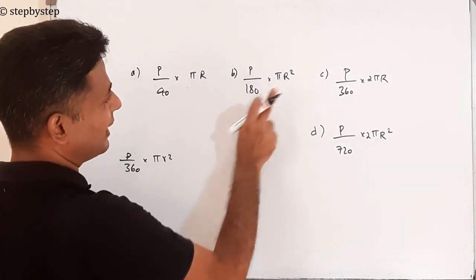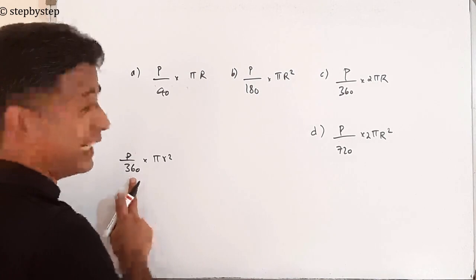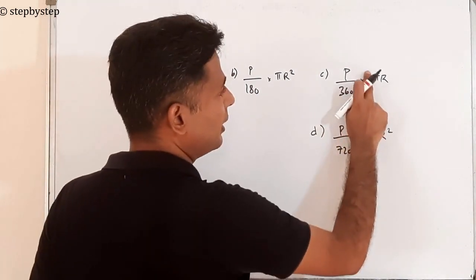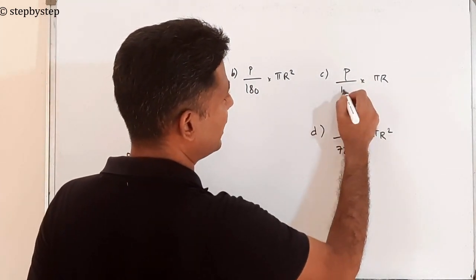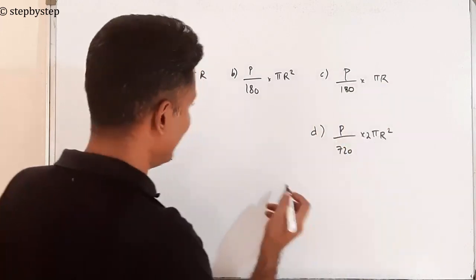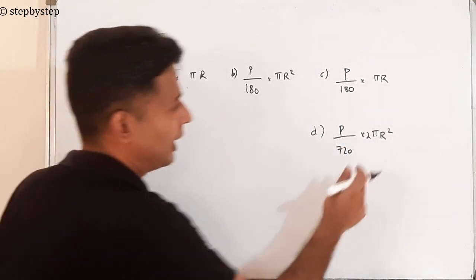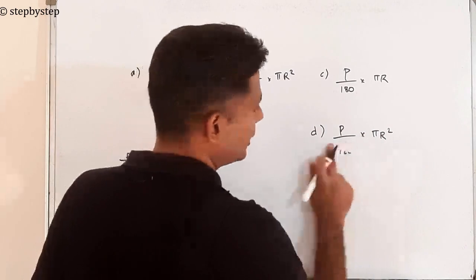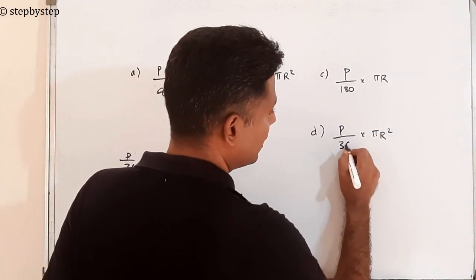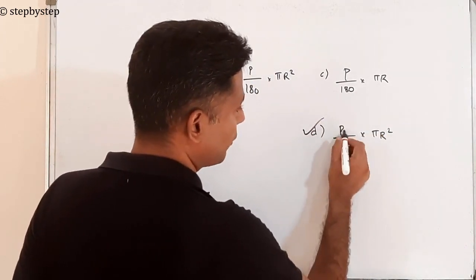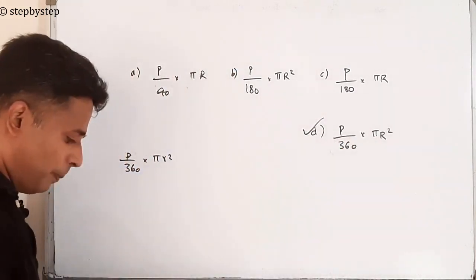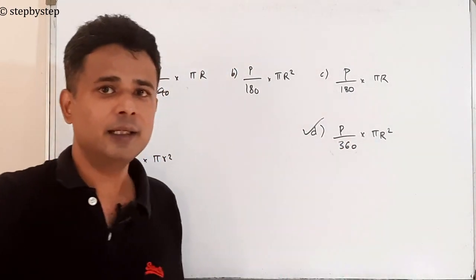Similarly, here it is pi r square, but here it is 180, but it should be 360. Similarly, here if I remove this 2, I make it 180, which is nowhere close to the first one. Whereas in the last one, if I remove this 2, this 720 becomes 360. So it is of the form theta by 360 into pi r square. So the answer is D.